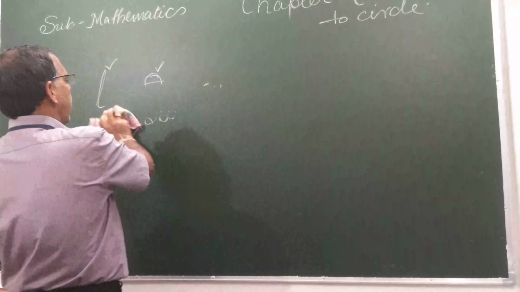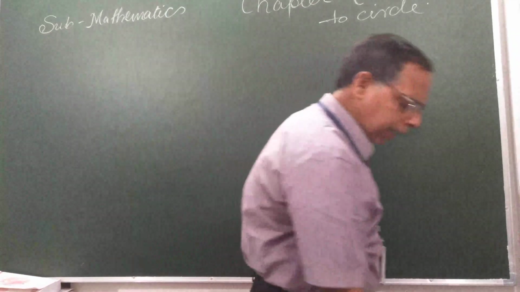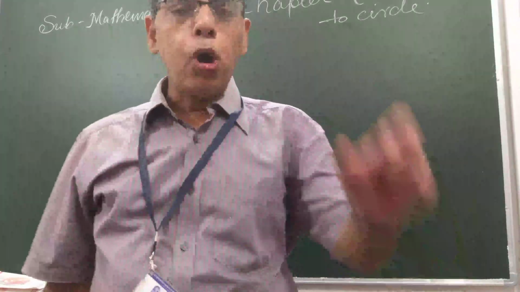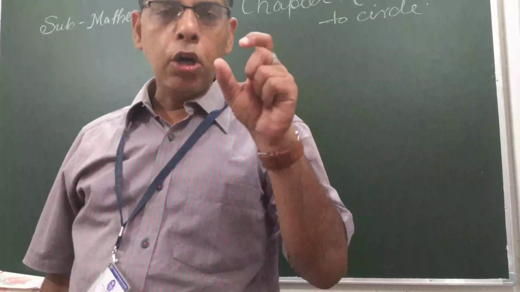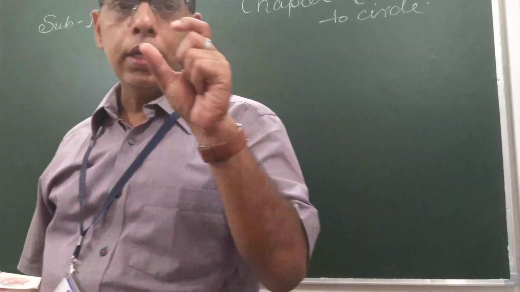Now let's see the next one, that is the sector. In our last class you have seen that the portion bounded by 2 radii and an arc is called the sector.